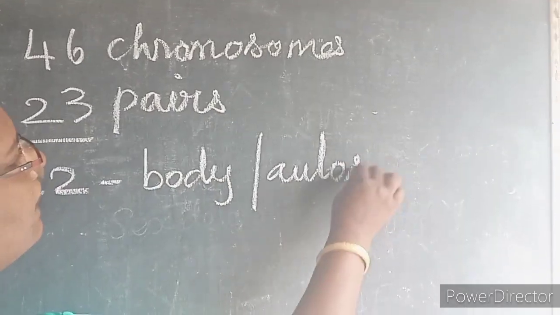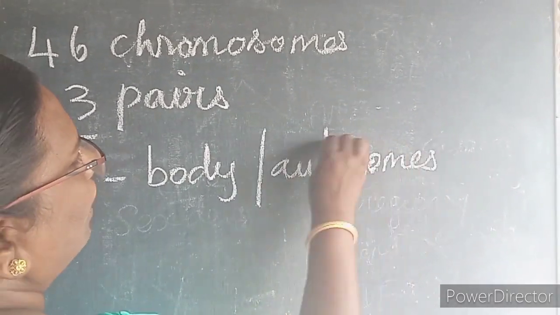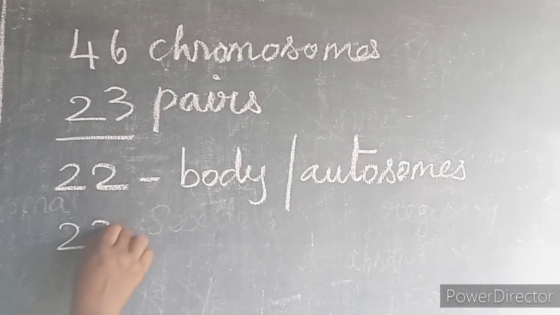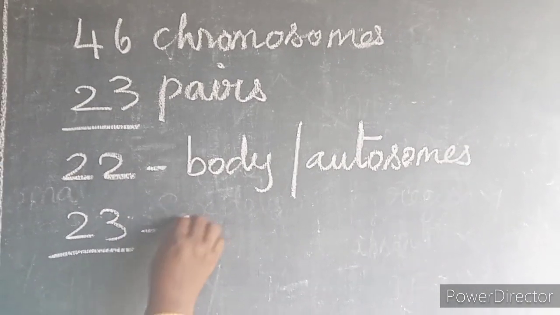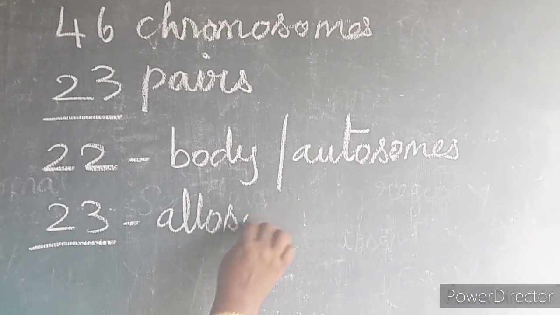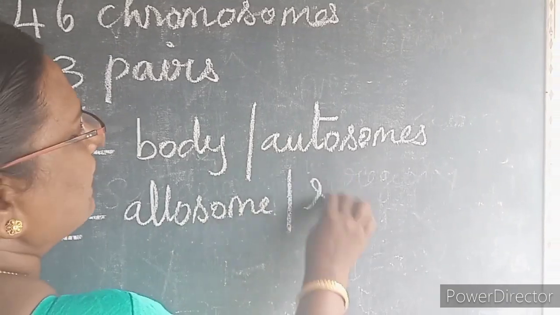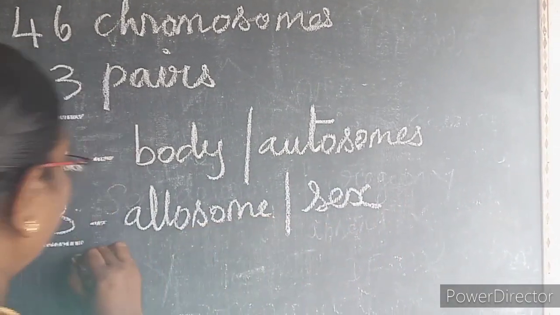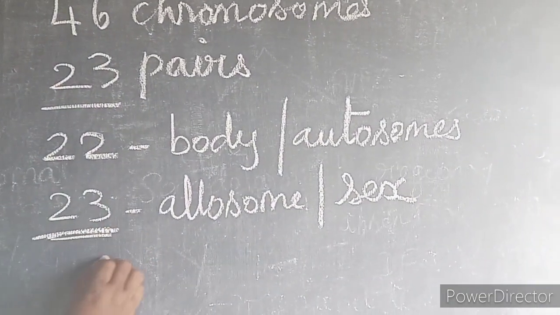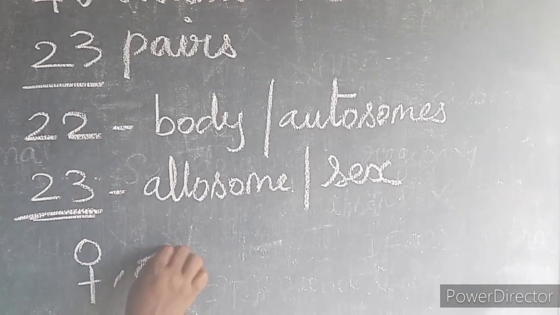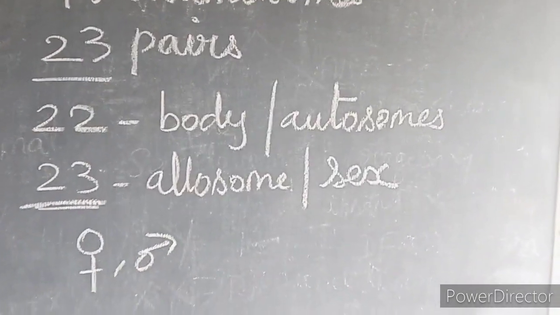The last pair, the 23rd pair, is the allosome. Allosome means sex chromosome. This chromosome determines whether it is a male or the female.